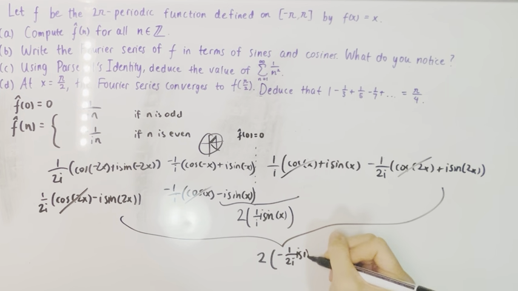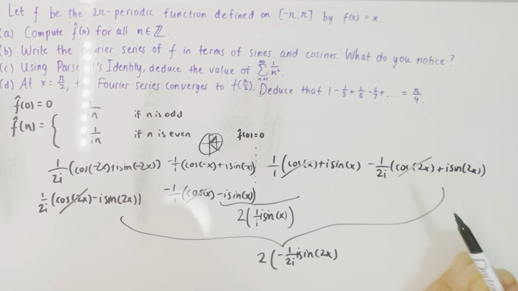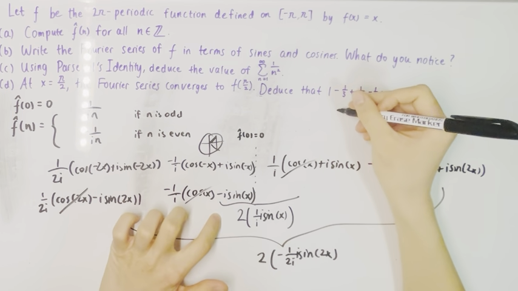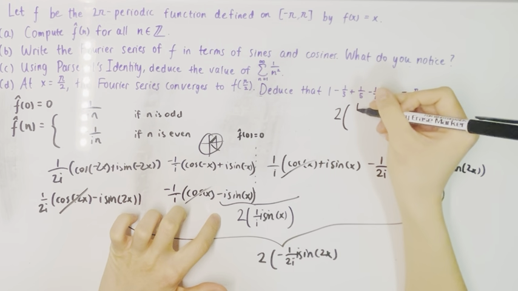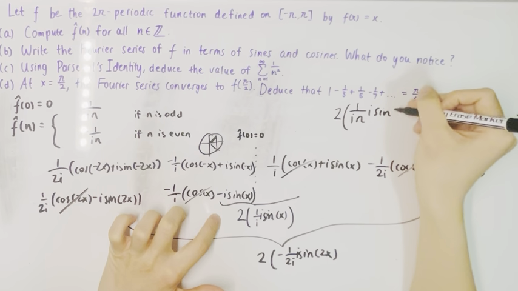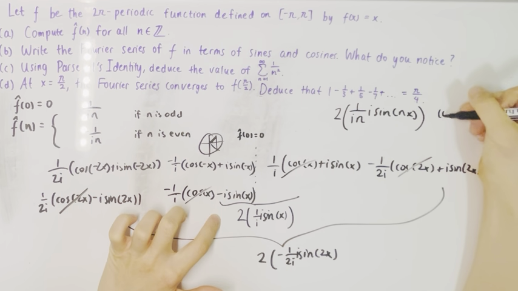Notice these will cancel and these will add, so we're going to get 2 times negative 1 over 2i times i sine 2x. And if you keep on writing these terms out, you'll notice that because of how this piecewise function is defined, for all our odd n, we're going to get something like 2 times 1 over in times i sine nx, when n is odd.